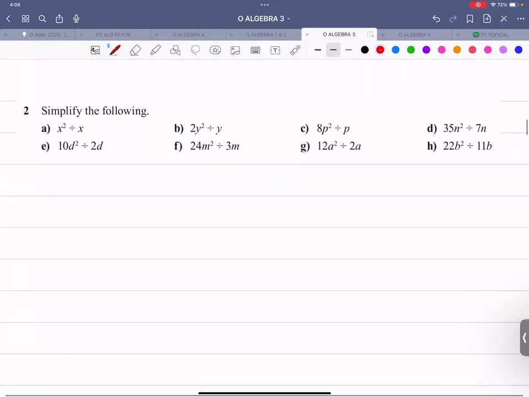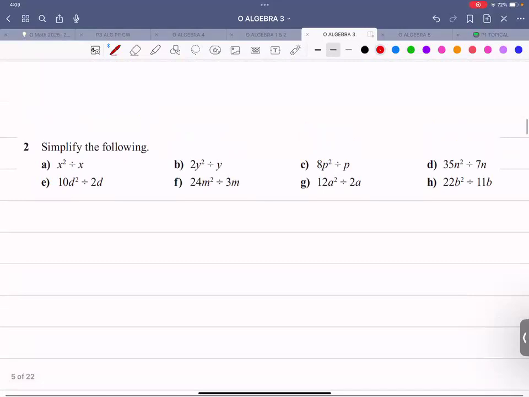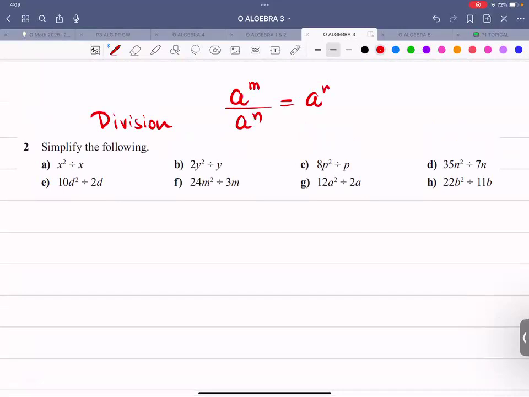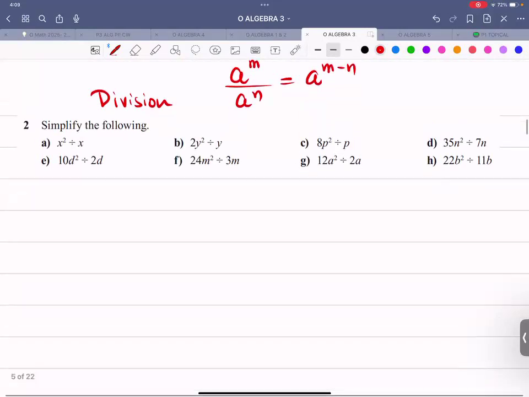Now, if we talk about question 2, this is about division. This is about using the rules of indices, a power m over a power n. That is a power m minus n. That is the basic rule. So therefore, if I talk about question 2, x squared over x, that is x squared divided by x. This can be done in 2 ways.